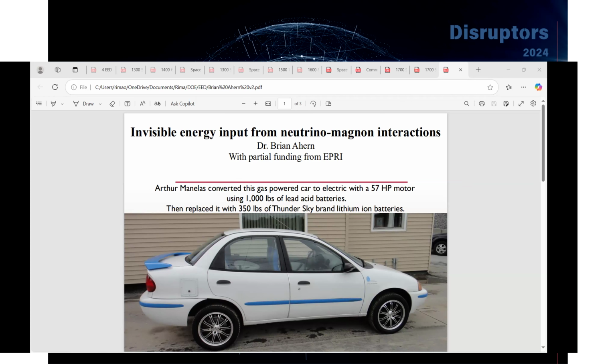It's just like a solar cell, except you have an intermediate play with neutrino and magnons. So we're just learning. Well, why is this not well known?